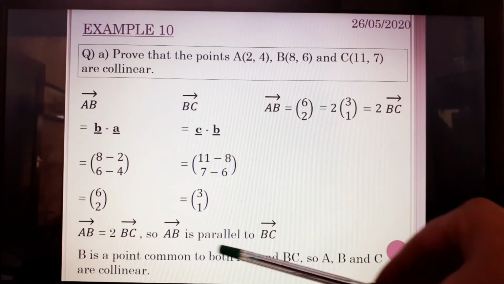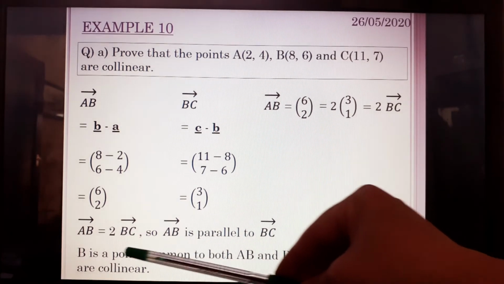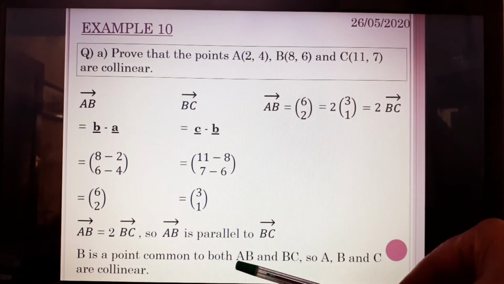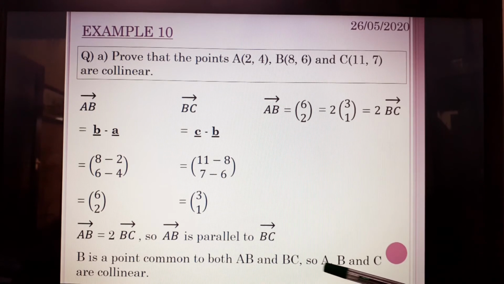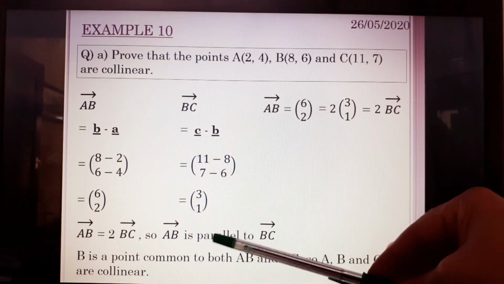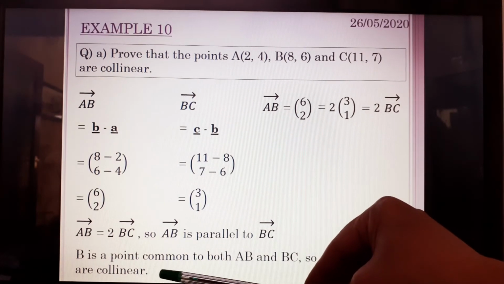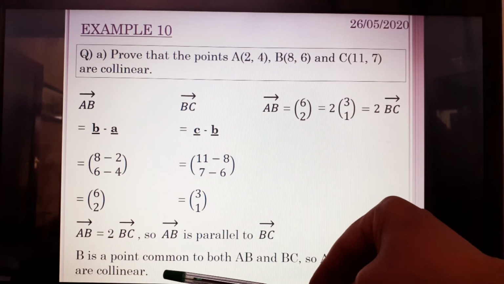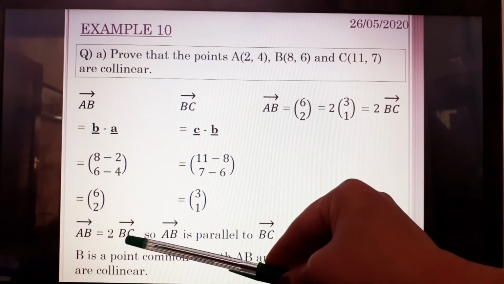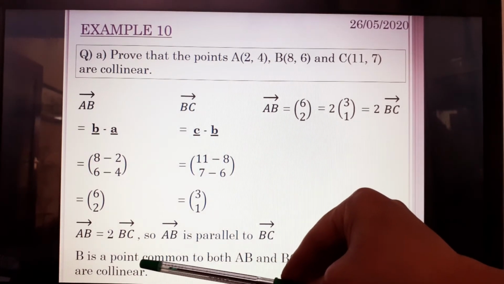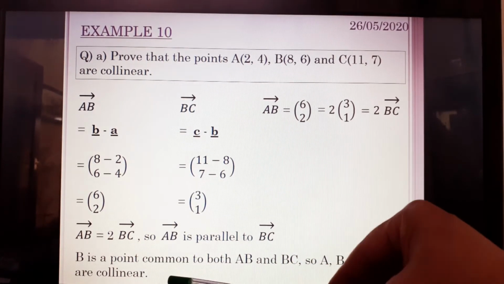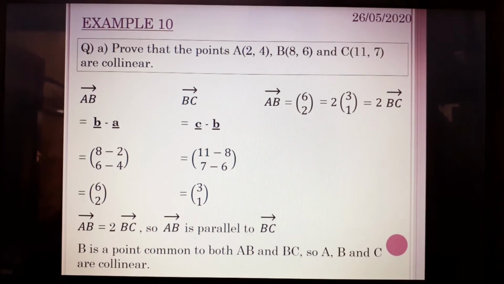We have to look for the letter that's common to both and say that that letter is common to both, and that's what means that the coordinates A, B and C are collinear. So we need to see the word parallel and we need to see the word collinear at the end there, okay? So we want to show that one is a multiple of the other. That means they're parallel. B is a point in common to both, and that's what means that they are collinear.